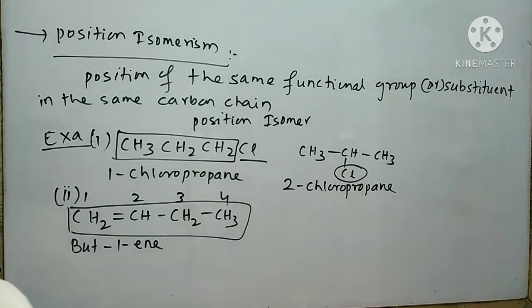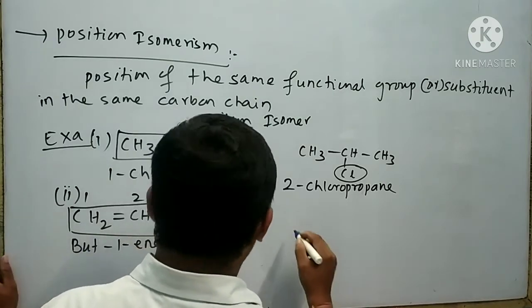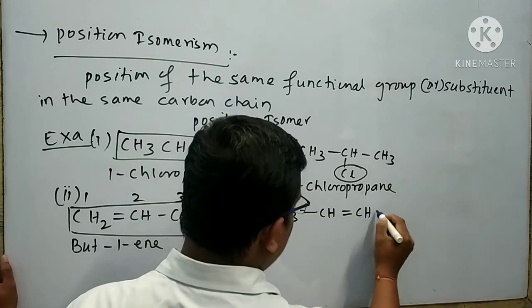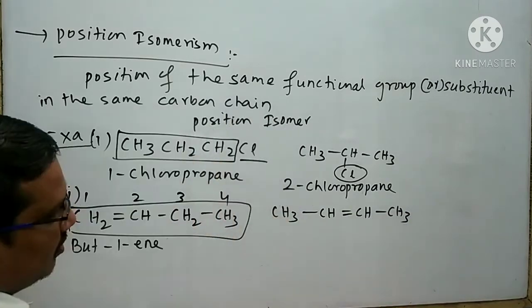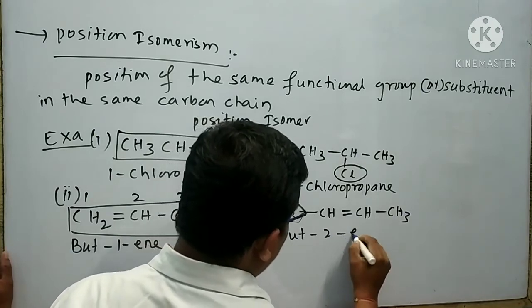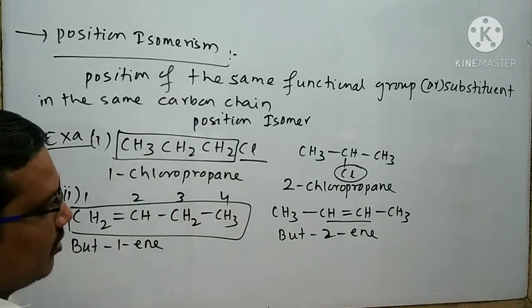Now I want to draw the position isomer of this organic compound by changing the position of the double bond. I can write the organic compound like this: CH3 bond CH double bond CH bond CH3. The name of this organic compound is but-2-ene. Look at that, here the position of the double bond is changed.